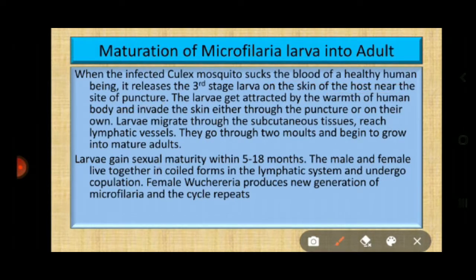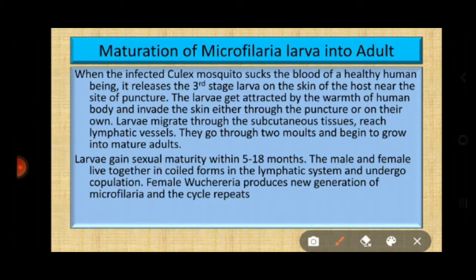The larvae get attracted by the warmth of the human body and invade the skin either through the puncture or on their own. In some books, it was mentioned that the microfilaria larvae directly enter into the bloodstream. Anyway, the larvae migrate through the subcutaneous tissues and finally reach the lymphatic vessels and accumulate at a particular lymphatic region, especially the inguinal lymphatic vessels, scrotal sacs, or the abdominal region.